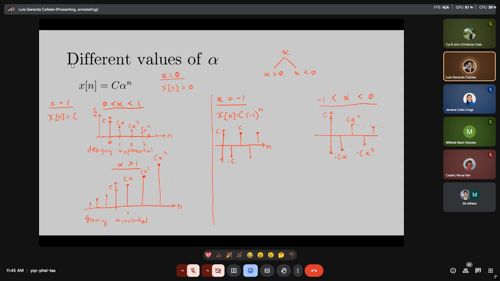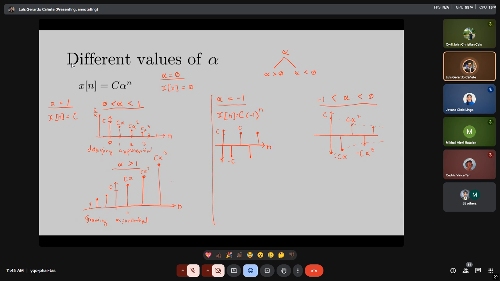except that now the exponential decay also has this alternating behavior between the two signs. So this is sort of the situation where in the discrete time case you have this special case, right?